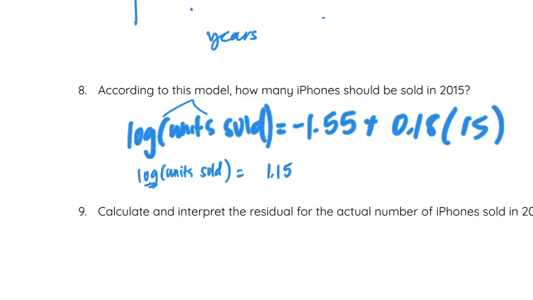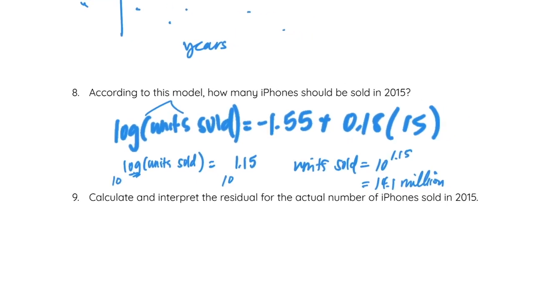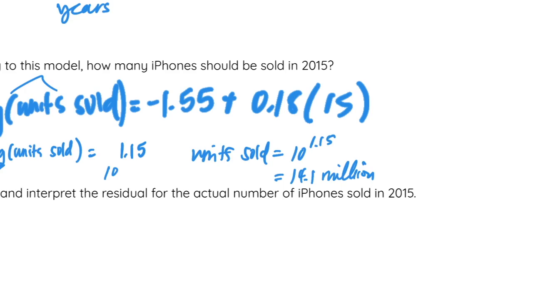But I still have this log of units. So to get rid of the log, I'm going to base 10 both sides. And so I get units sold is equal to 10 to the 1.15 power, which is 14.1 million phones sold. Or, you know what, I'm going to say about.